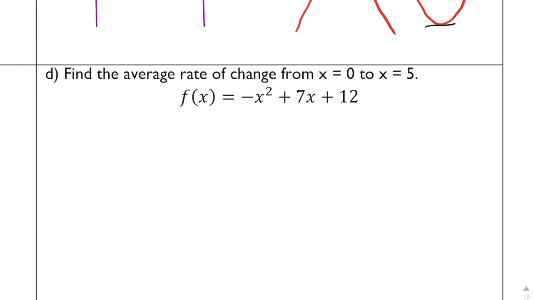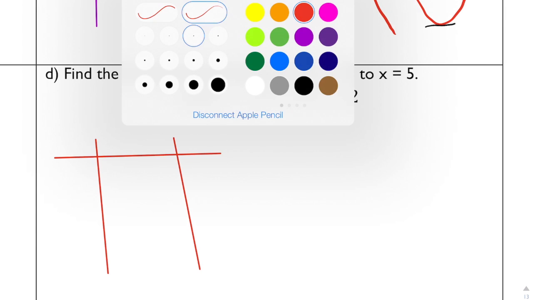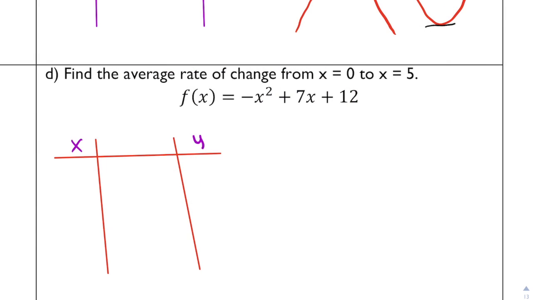The biggest thing on this one is that you have a negative outside your x. So x, y. You have this negative x squared plus 7x plus 12. That's what you're going to have to pay attention to when you put it in your calculator.